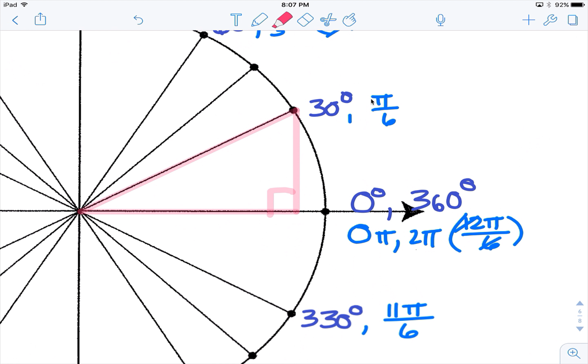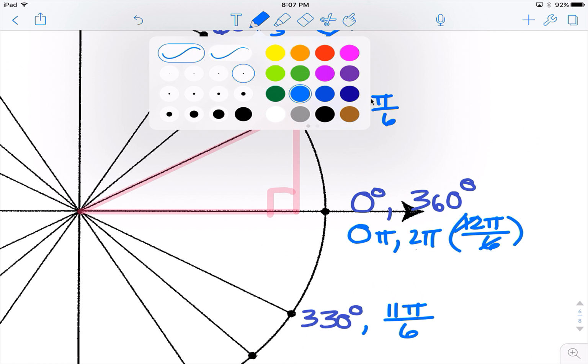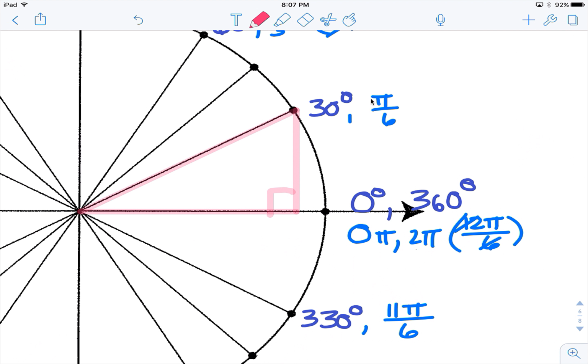All right, so there's our 30, 60, 90 triangle, and we're going to draw the same one out to the side and label everything.